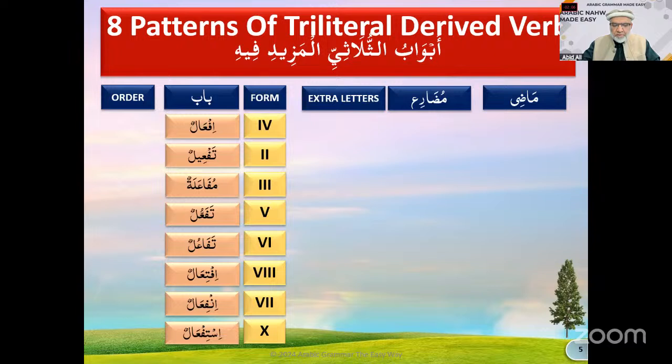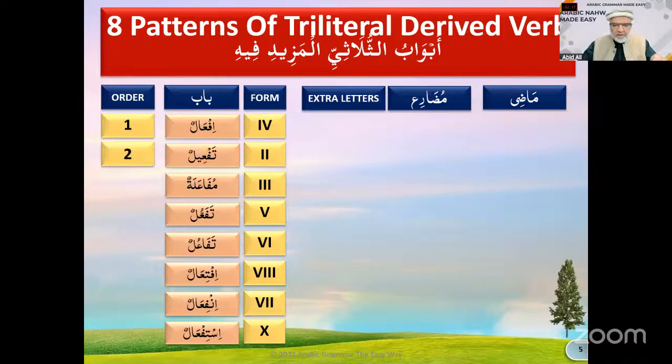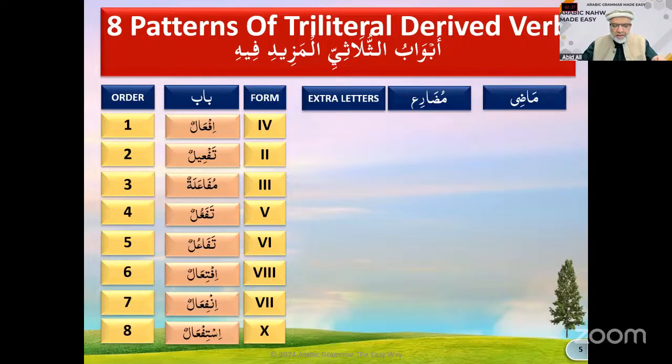Now 9 is missing out of this list, but inshallah we'll cover that as well. Now the reason I'm putting it in this order, because I am going to cover If'ālun first, then Taf'īlun, then Mufa'alatun, then Tafa'ulun, and Ifti'alun, Infi'alun, and Istif'alun. So our sessions are based on this order.